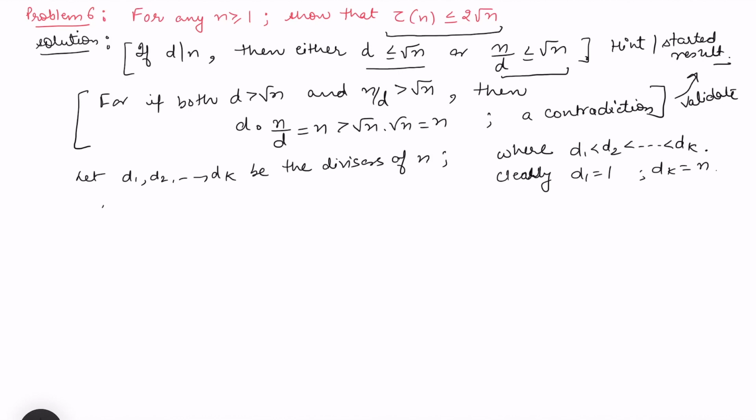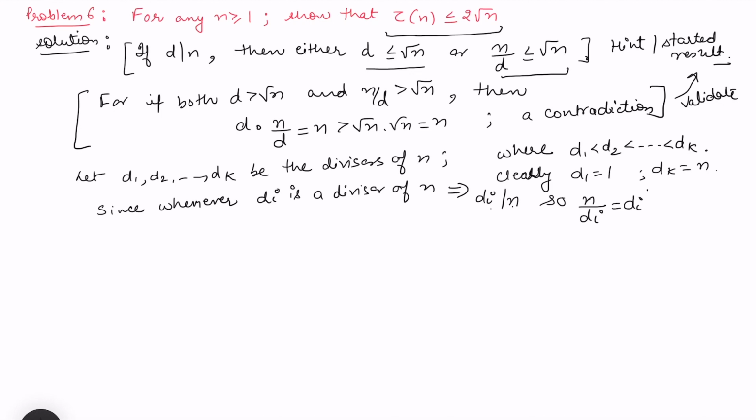Now whenever di is a divisor of n, this means di divides n, and so n is divided by di. We may use this notation also, because if di divides n, then n by di will give me another divisor, which I may say as di dash.